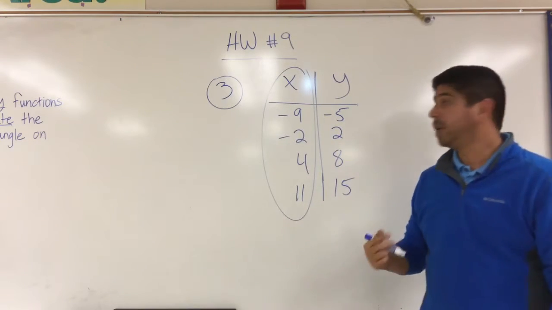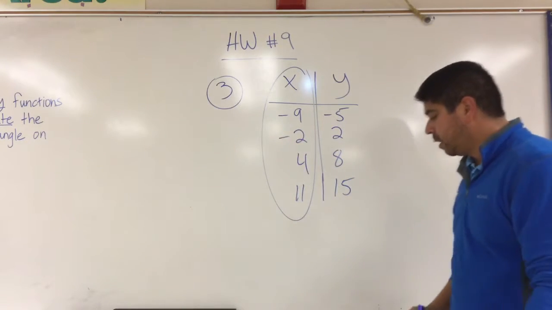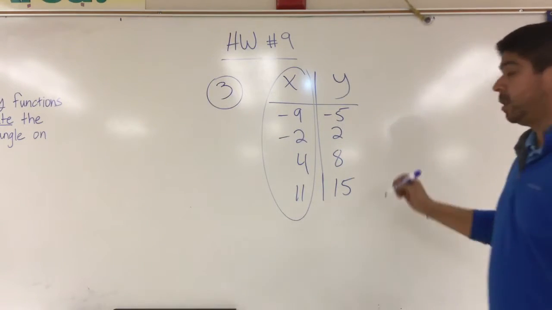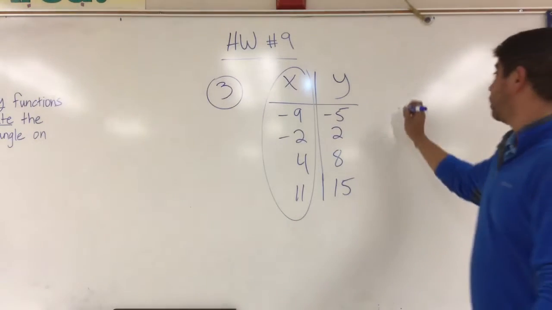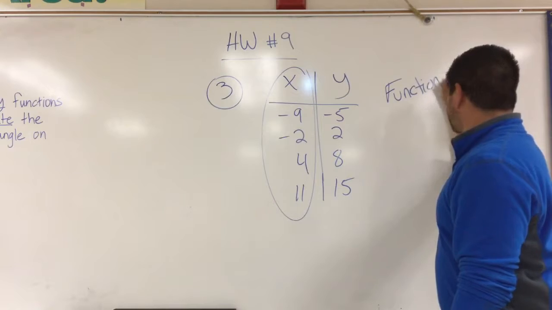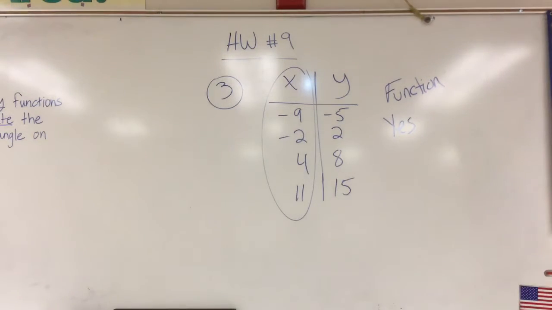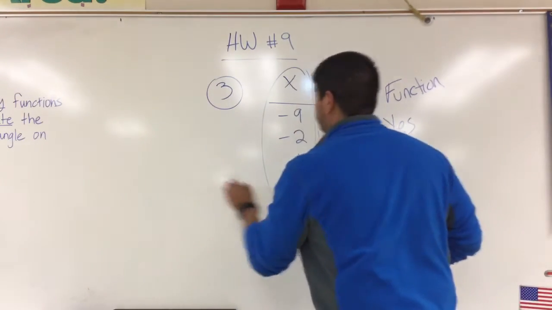Okay, if they don't repeat, then that means it's a function. I don't have any that repeat. They're all different. So does the table represent a function? It is yes. So this is a function. Or if you put yes, that's okay also. Okay, that was number 3.